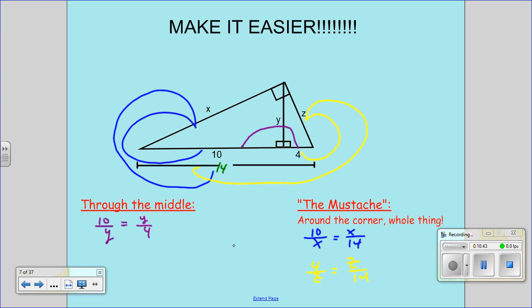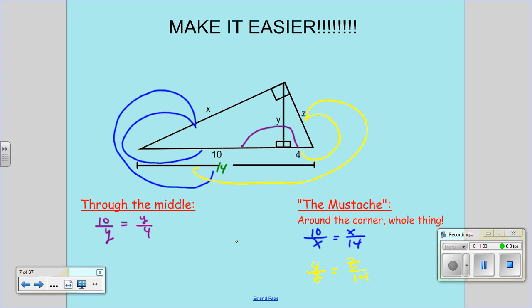So I could finish solving these proportions if necessary to find the respective variables. But right now, I don't need to find the variables. I was just showing you the different setups that were possible in a picture like this.